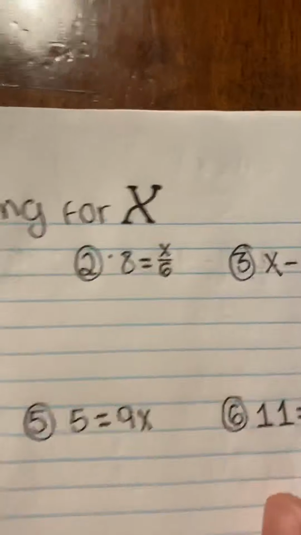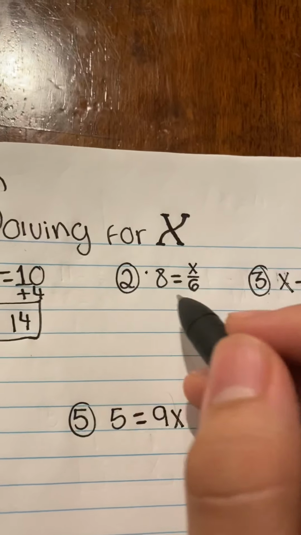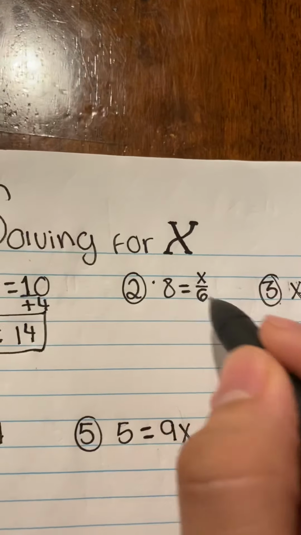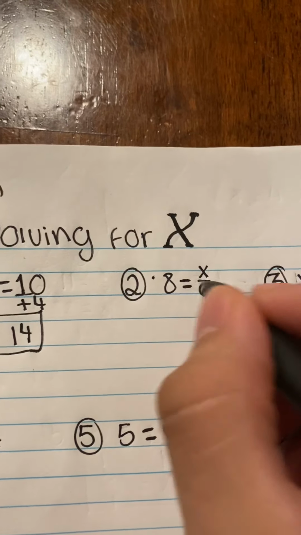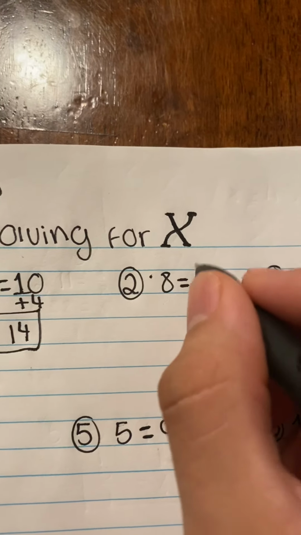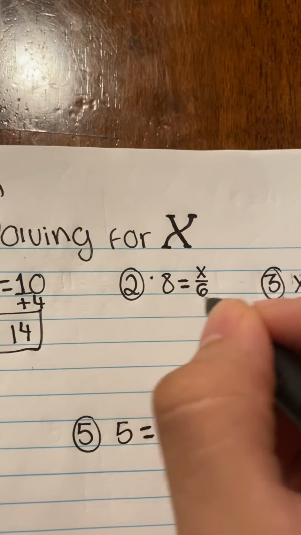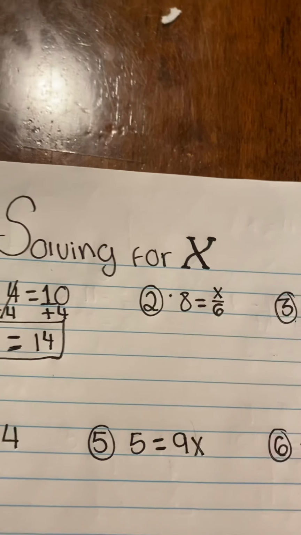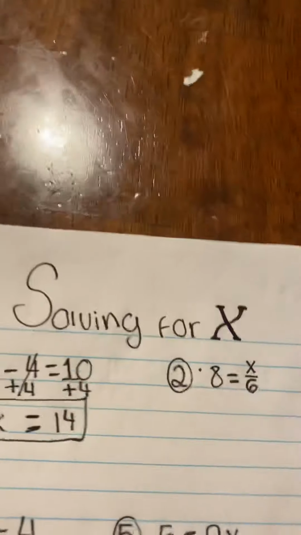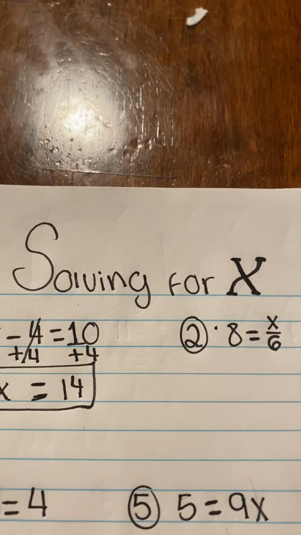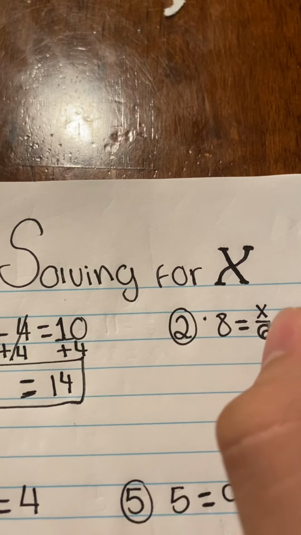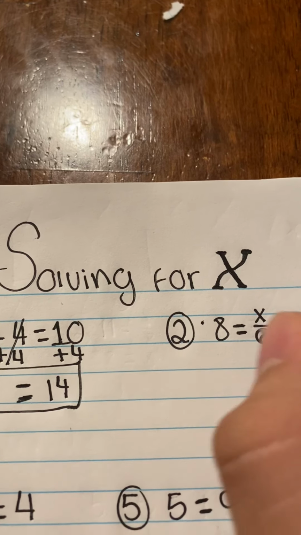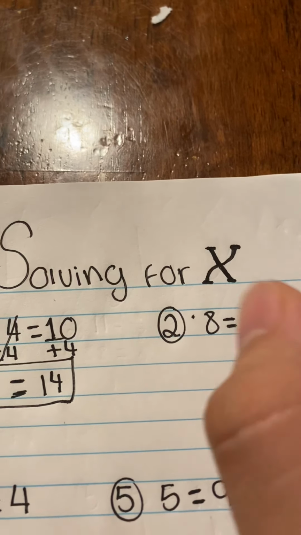Then let's move on to the next one, which is 8 equals x over 6. Here we see that the x is over 6, which means you're dividing by 6. Inverse operation tells you that you must do the opposite operation in order to get rid of the numbers that are with the x.